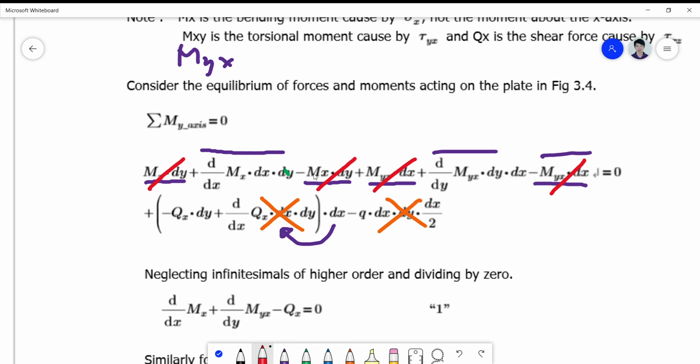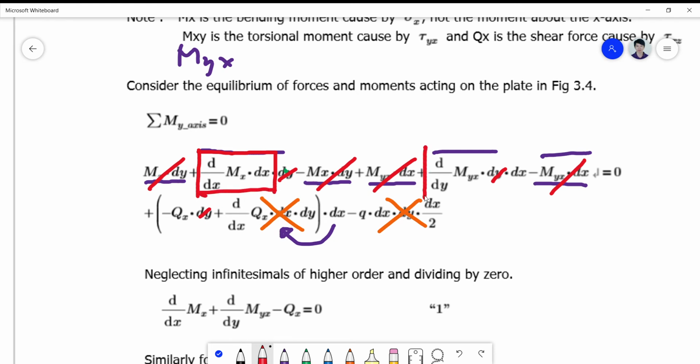But there is a dy, dy, and a dy there. So we can cancel the dy's, such that what remains now is simply this. This is no longer considered because it already canceled out a while ago. So these are now the remaining expressions that we have.